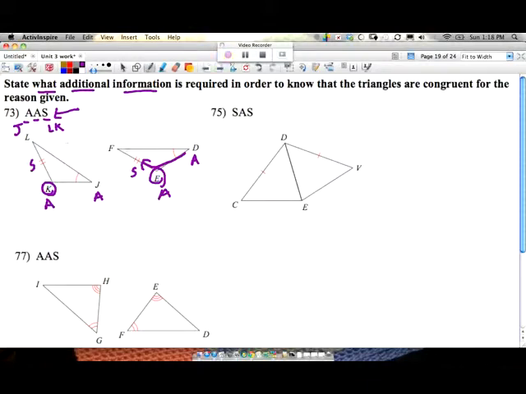Or I could have said F and L, or L and F. So either I need to say that angle K is congruent to angle E, or the second angle could have been angle L is congruent to angle F. Both of those would work, because that would have been a second angle before I hit the side. Now I couldn't crisscross these. I couldn't say K with F or L with E. We do have to go in the same order.